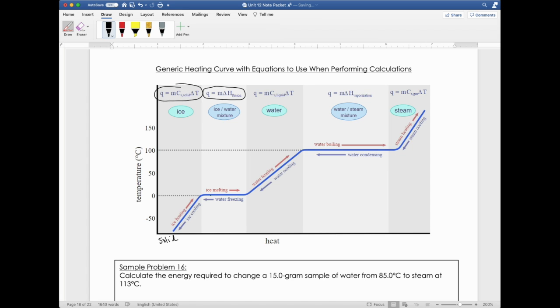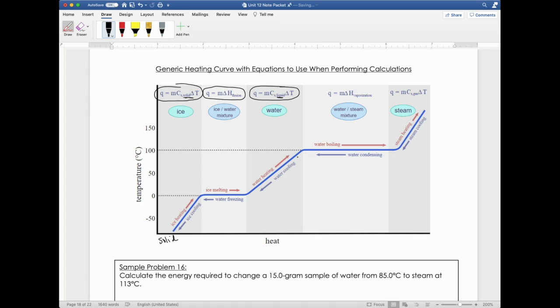Once all of my sample has melted, the temperature can rise again. When determining how much energy is required to raise the temperature of a liquid, I'm going to use Q equals MC delta T, but my specific heat capacity must be for the liquid in that case. So notice the difference, solid and liquid there.